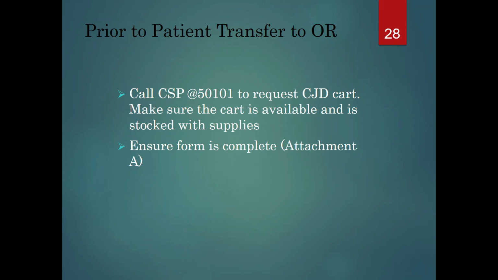Prior to the patient transfer to the OR, you should call CSP at 50101 to request the CJD cart. Make sure that the cart is available and stocked with supplies indicated in the policy. Ensure form Attachment A is completed.